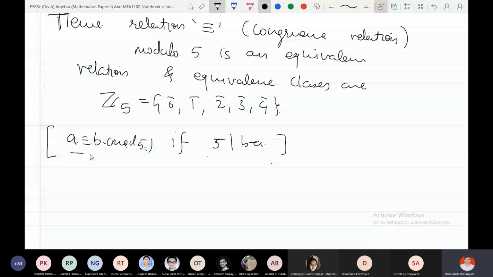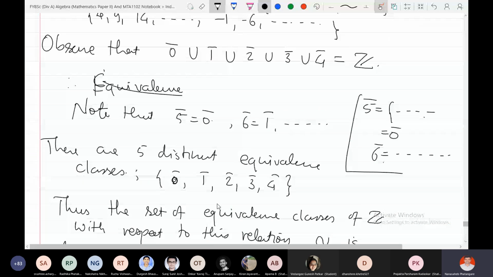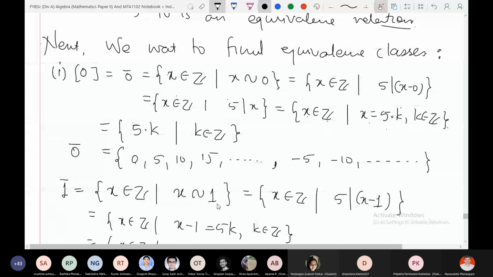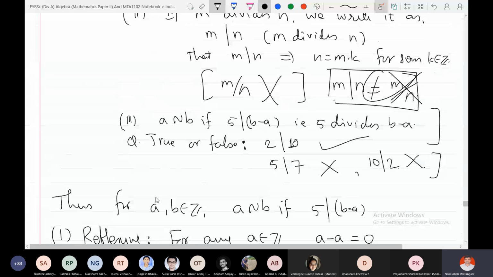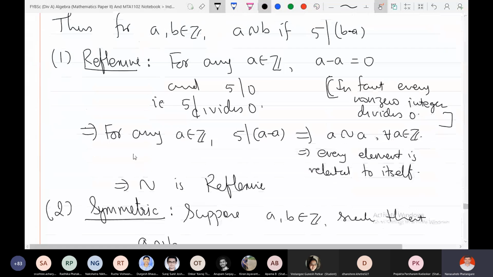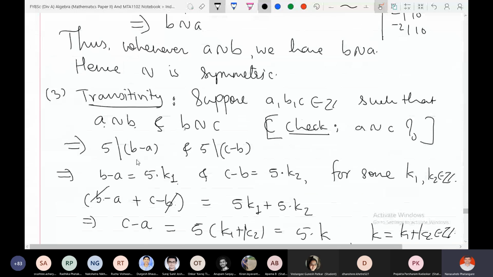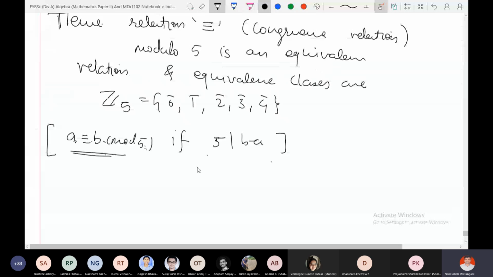Now, is it an equivalence relation? Yes, sir, that is what we checked so far. When I relate a to b if 5 divides b minus a, or a minus b, same thing, we already verified that this relation is reflexive, symmetric, and transitive.